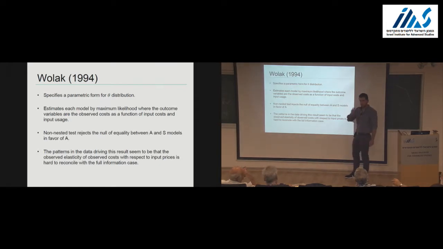So you have those input costs shocking the system, and you're seeing how that gets passed into the regulated prices. I just want you to get that intuition, that you get more pass-through under the full information model. That's not what he sees. So he's going to reject the null of equality in favor of the asymmetric information model. That's the intuition, that pass-through is different.